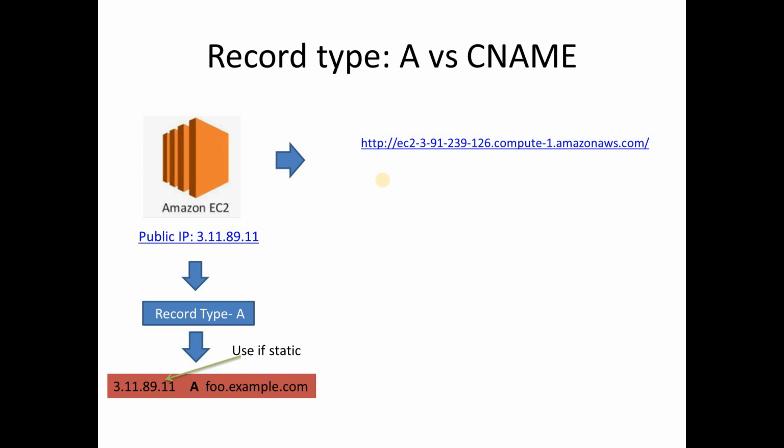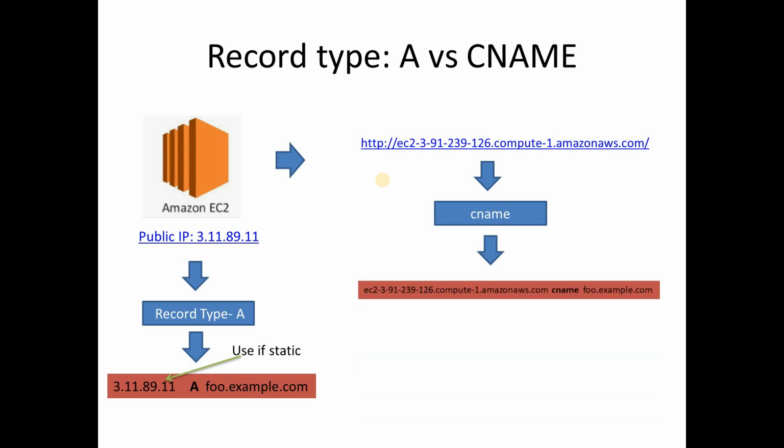And if you want to map with the DNS, then you can choose CNAME. See this example, this is nothing but the EC2 public DNS, and we map it by using a CNAME. Now let's move to the next slide to see how exactly a CNAME works.